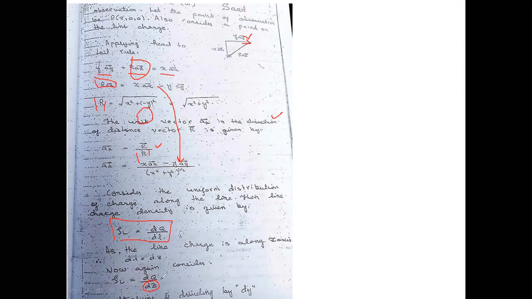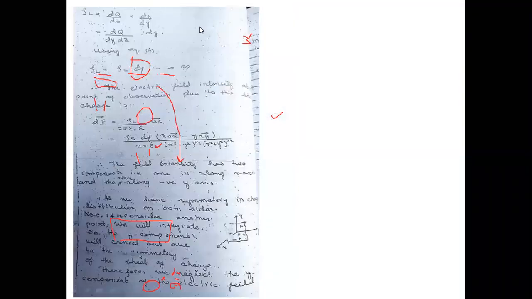Dividing and multiplying both sides by dy, so to get the surface charges. Okay, so dy over dy. Now in the denominator we have dy dz.